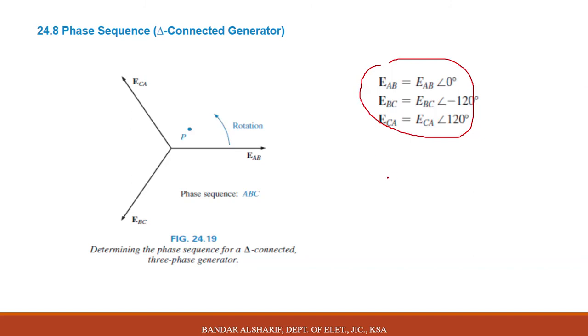If you need ACB, the only change for sequence ACB is that you change minus 120 to be 120 degrees, and for ECA it will be minus 120. Sorry for that.